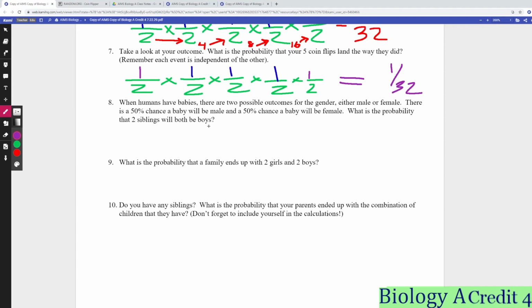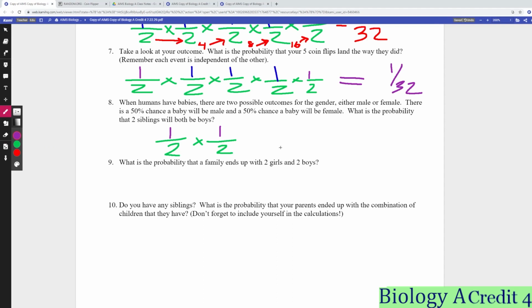So from a chromosomal standpoint, we have 2 different outcomes available. What is the probability that we are going to get 2 siblings that are both boys? So they both have an X, Y, X, Y.